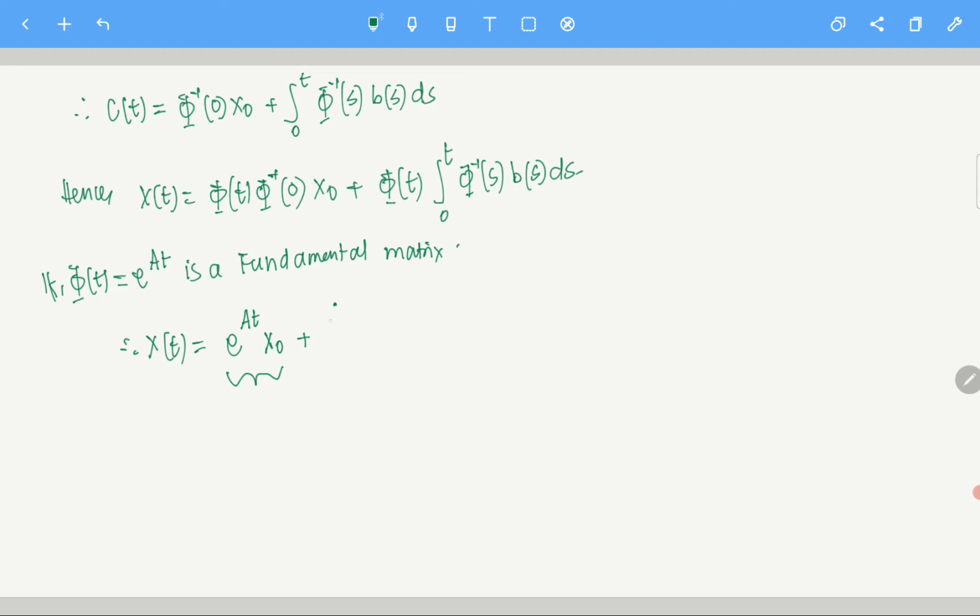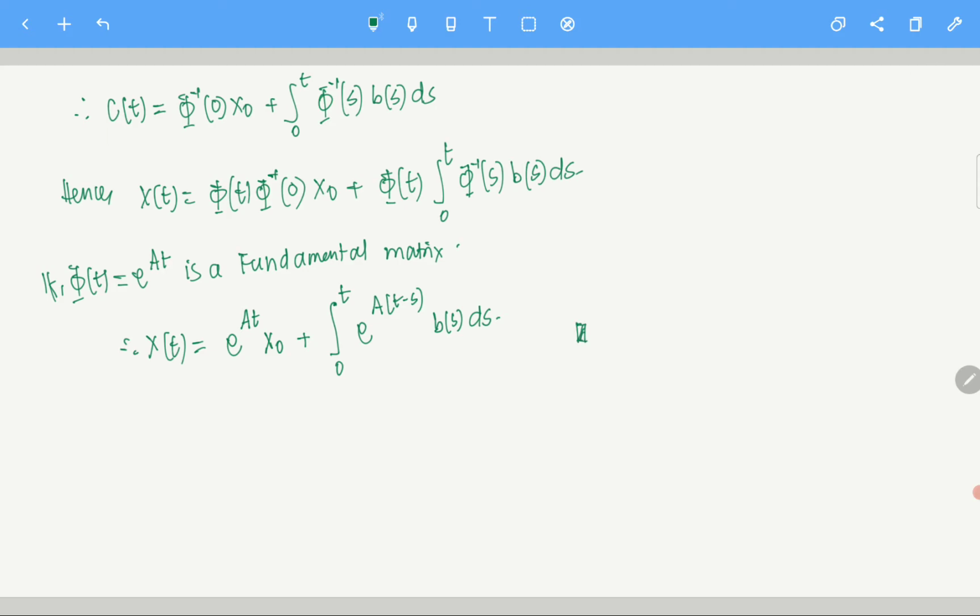Plus, here the inhomogeneous part is coming, from 0 to t. Phi of t is exponential At. Phi inverse of s is exponential minus As. Yeah, that is fine. So essentially this is exponential A(t minus s). And you have b of s ds. Clear? Okay, and that's your solution essentially. So in terms of exponentials, if you want to write it, that's your solution.